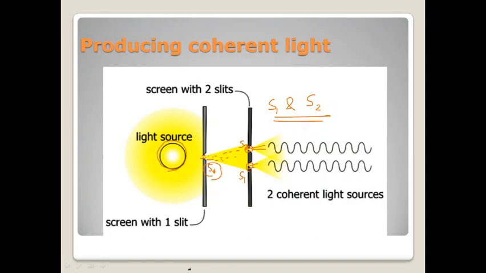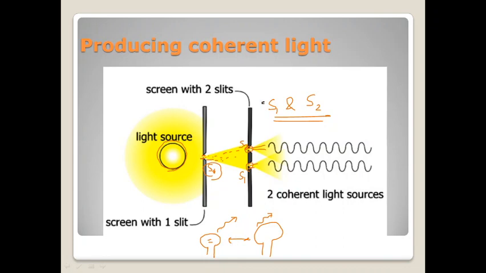When we use two different light sources, suppose we have one bulb here and a second bulb here, these two light sources need not produce light waves of the same wavelength or same frequency and constant phase difference, because they are two different light sources, right? They can have different properties. It's very difficult to get coherent waves from two different light sources.